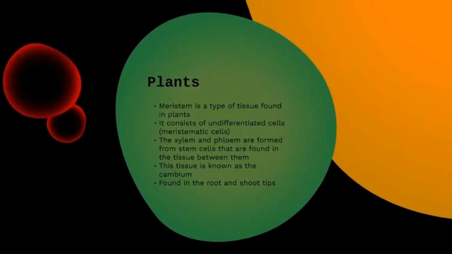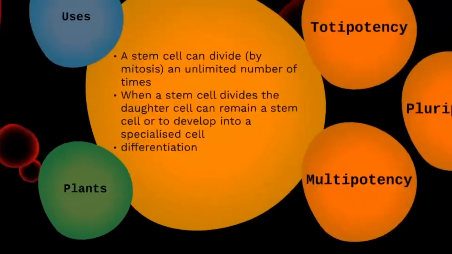This tissue is known as the cambium, and in the cambium, this is where we find this meristem. So stem cells in plants we call meristem. In general, the thing to remember is that you find them in the roots and the shoots. So you find meristem in the root tips and the shoot tips, because this is where the plant will be growing. So they need new cells to differentiate and divide.